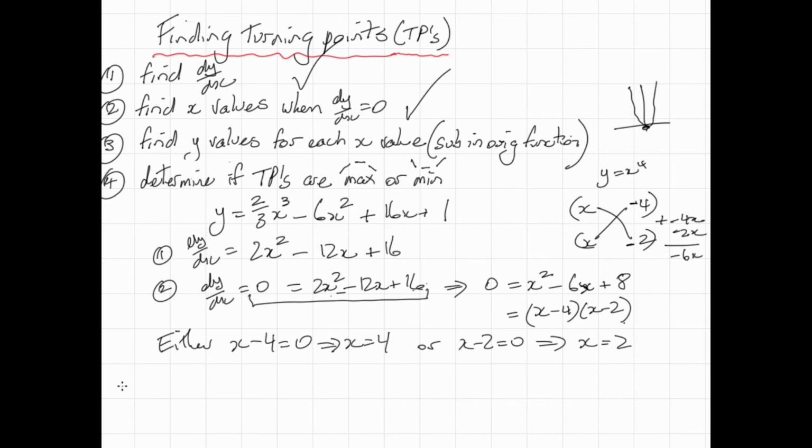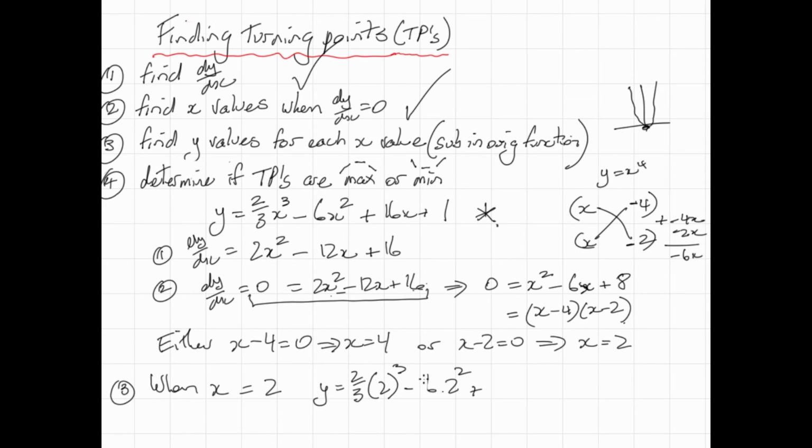So step 3, when x, and I'll do the smaller one first, x equals 2, you've got to substitute way back in the original equation, which is up here. You get y equals 2/3 times 2 cubed minus 6 times 2 squared, sorry, that should be 6, not 16.